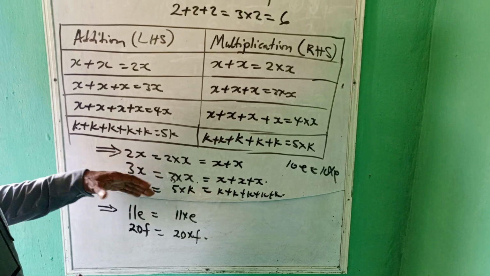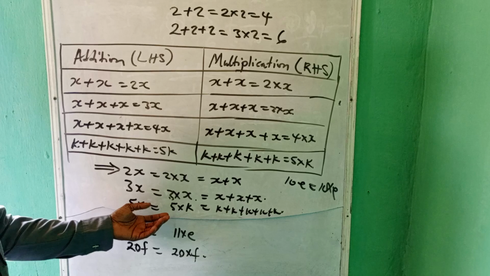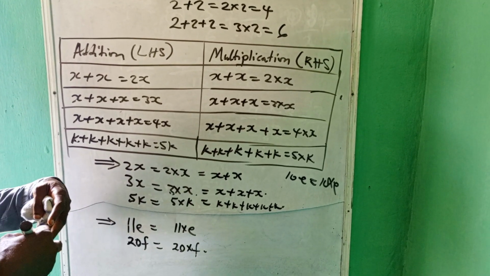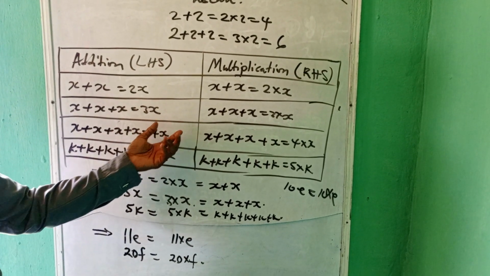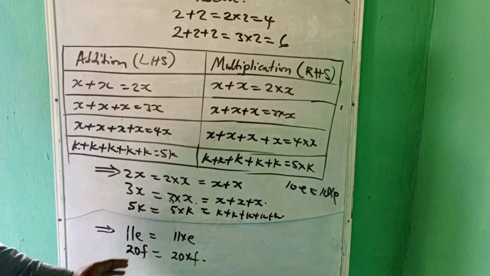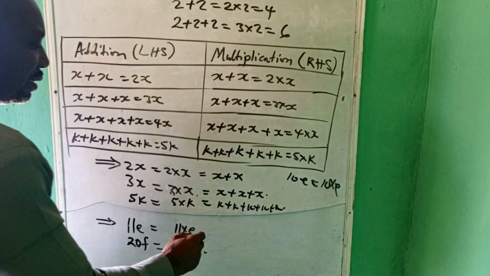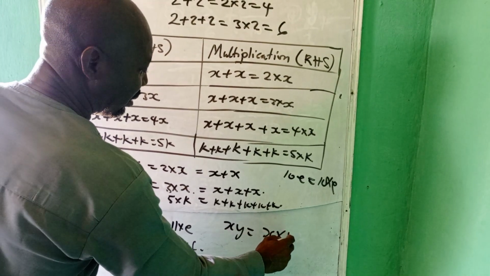If you are familiar with some algebraic terms, today you may have known the proof. If you have always said 3x is equal to 3 times x, you have now gotten a proof for it. Now we are going to go further to prove that xy is equal to x times y.